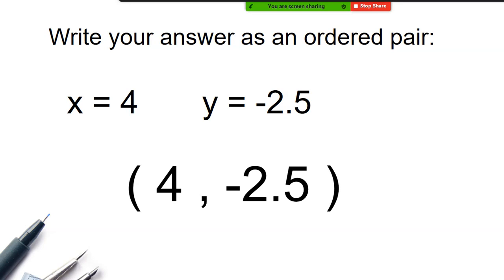If x is 4, it comes first in the ordered pair. If y is negative 2.5, it goes second in the ordered pair. It's always x, then y, alphabetically, okay, in ordered pairs.